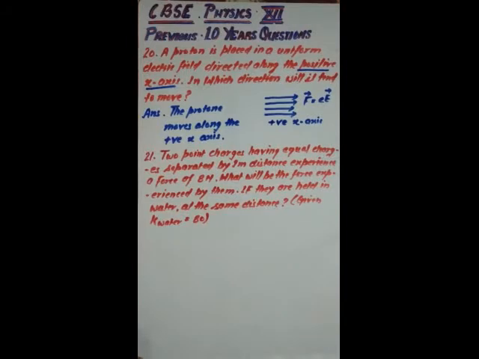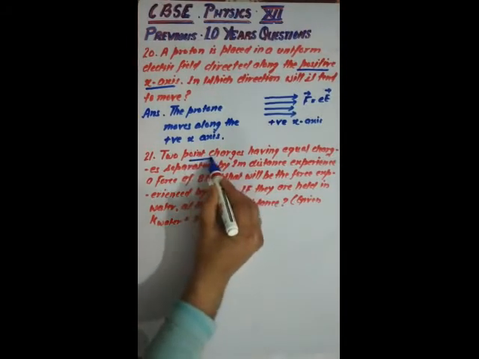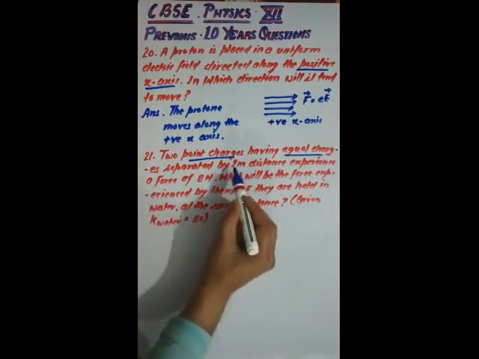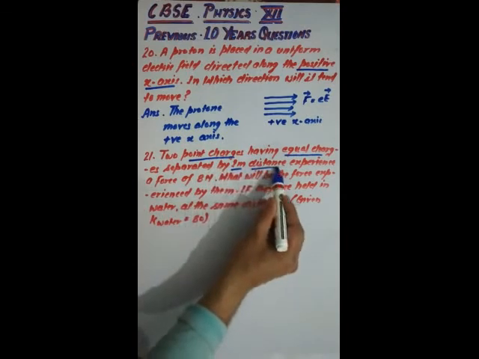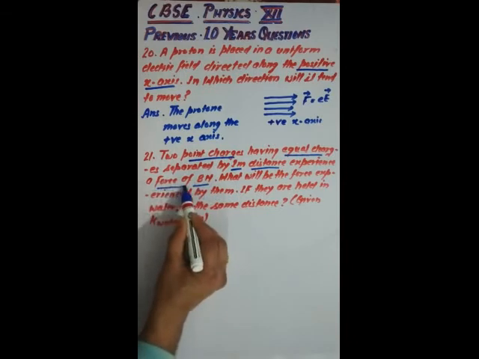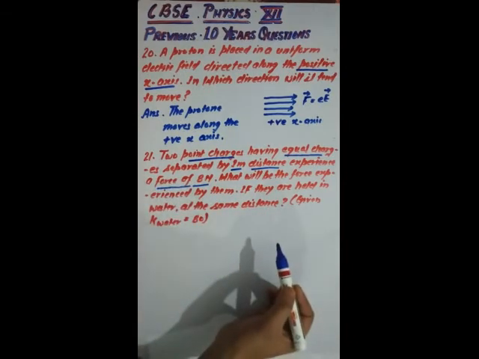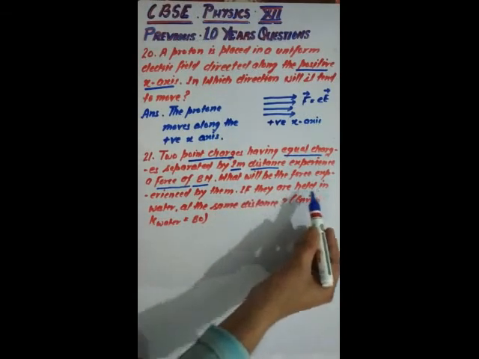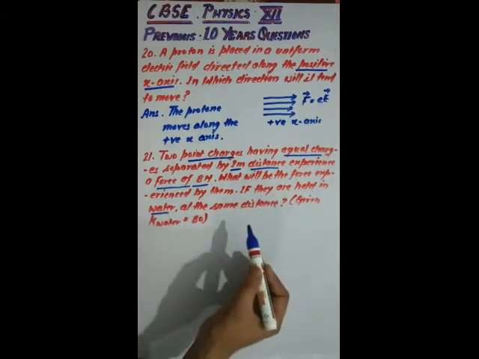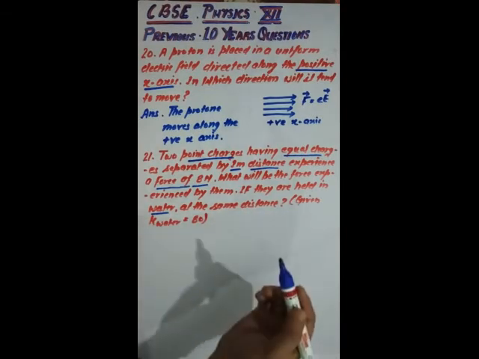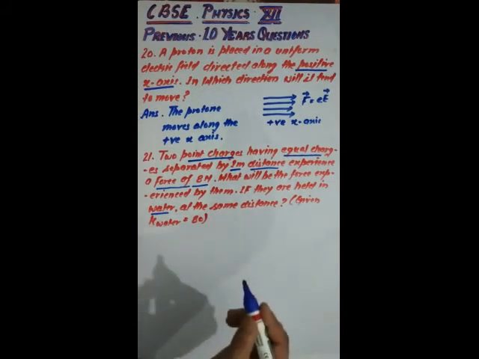Two point charges having equal charge, separated by 1 meter distance, experience a force of 8 Newton. What will be the force experienced by them if they are held in water at the same distance? These point charges are kept at a distance of 1 meter.